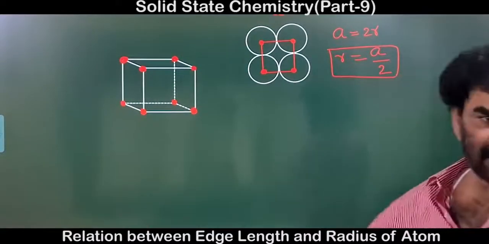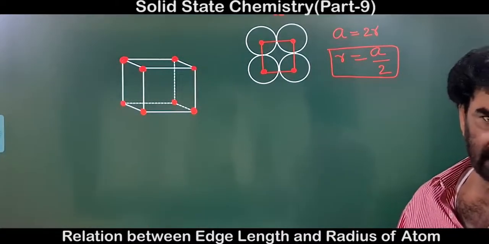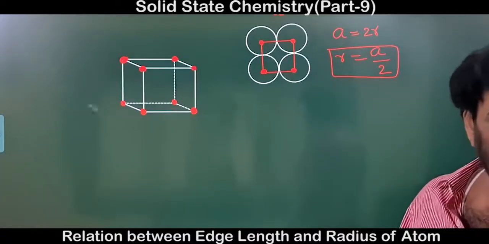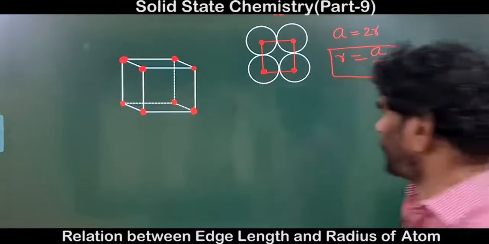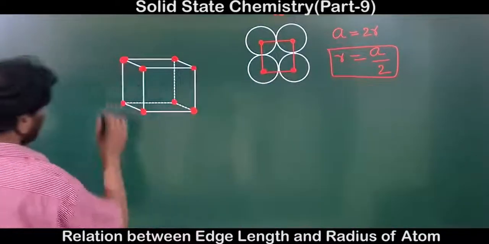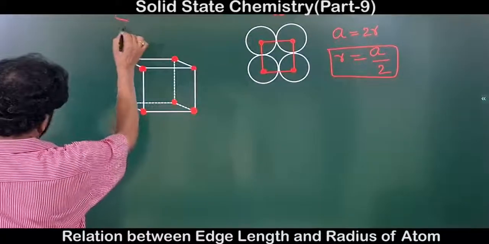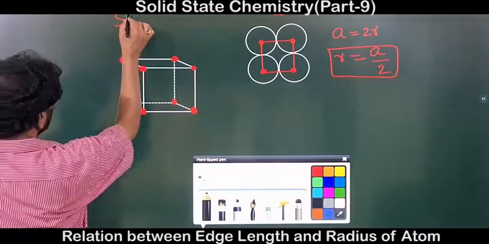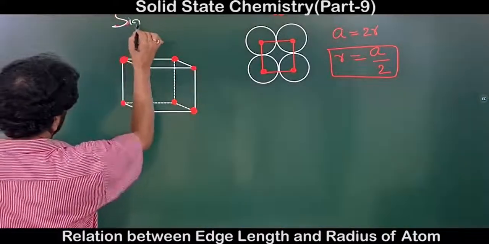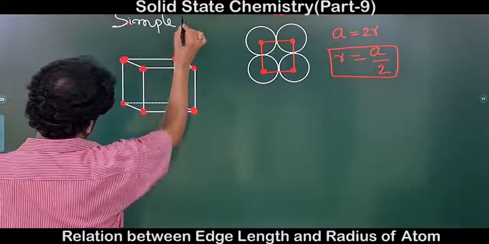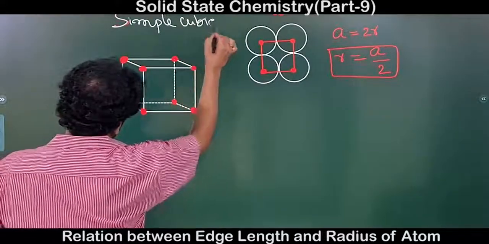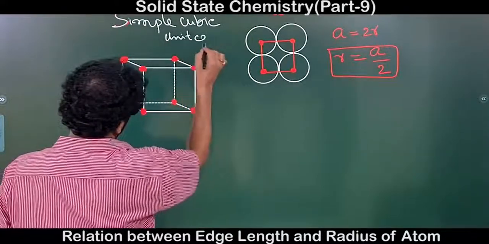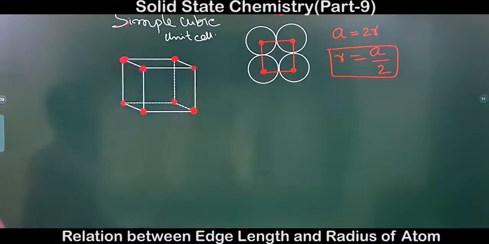That is, the edge lengths will be the same: a equals b equals c, and alpha equals beta equals gamma, with angles equal to 90 degrees. First I am taking the simple cubic unit cell.